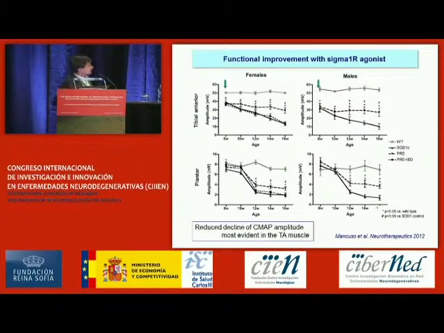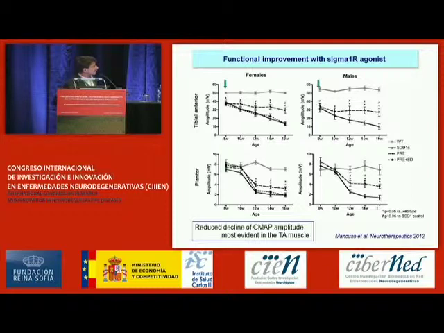To make briefly the results, the sigma-1 receptor agonist PRE really induced a clear improvement in the functional state of the animals. The compound muscle action potential amplitude for tibialis anterior or the plantar interossei muscle were clearly prevented.